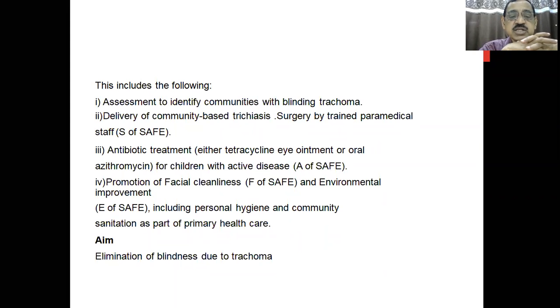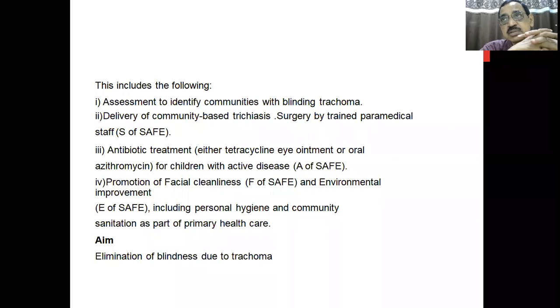So for antibiotic treatment, we used to give tetracycline ointment or oral azithromycin. Nowadays, azithromycin ointment is also available, for the children with active disease, the A of SAFE, and promotion of facial cleanliness and environmental improvement.